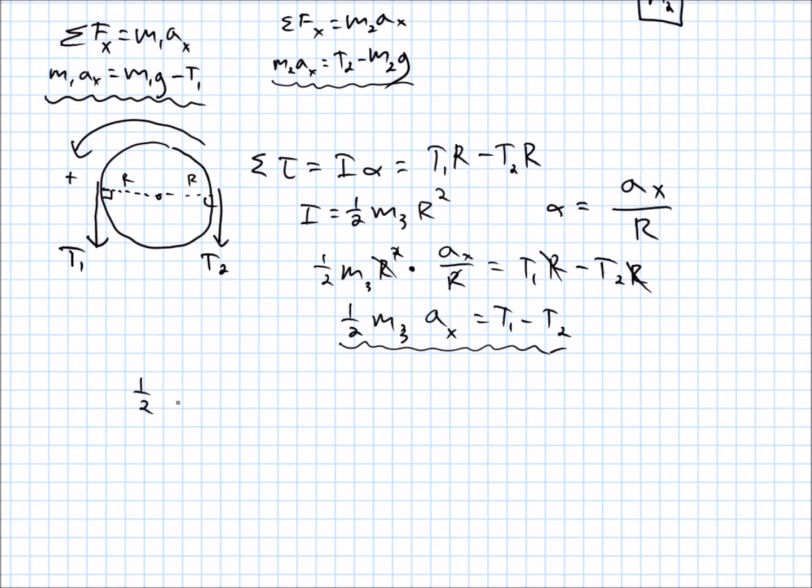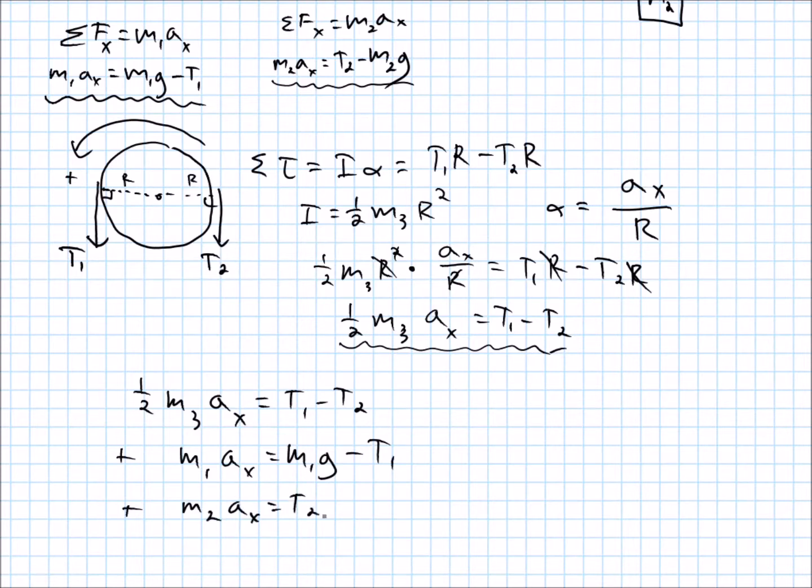So 1/2 m3 ax equals t1 minus t2. And we're going to add one of the equations from the top of the screen there, m1ax equals m1g minus t1, and we're also going to add the other equation from up there, m2ax equals t2 minus m2g.